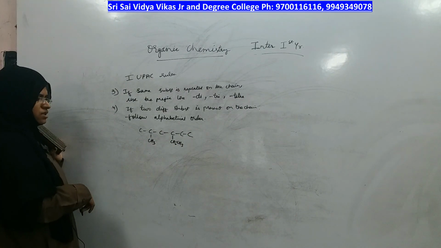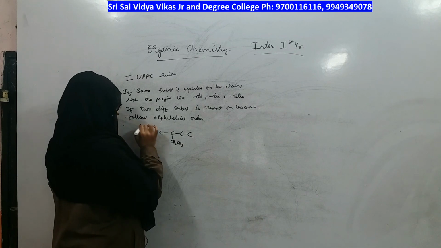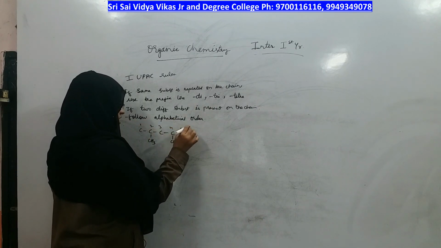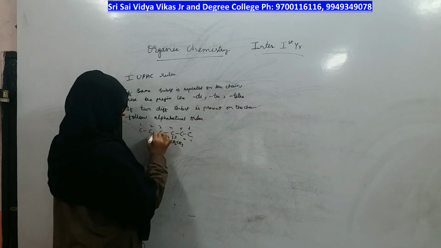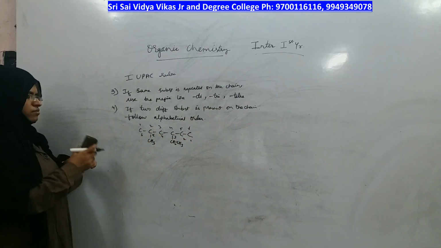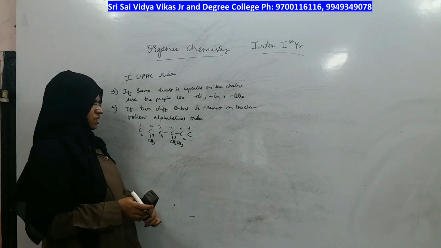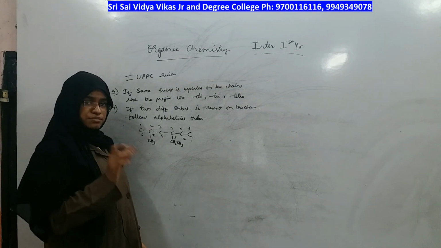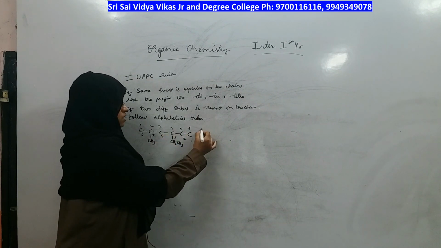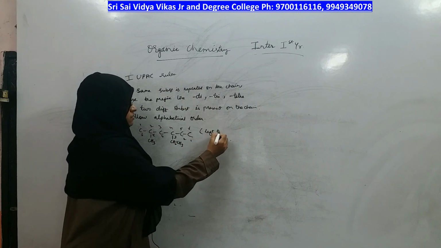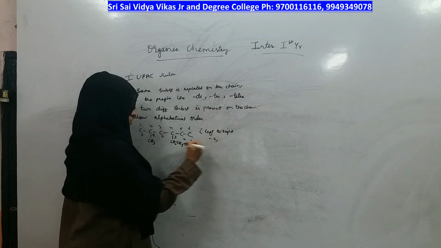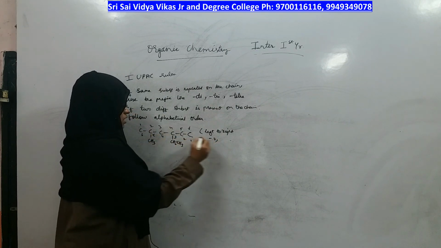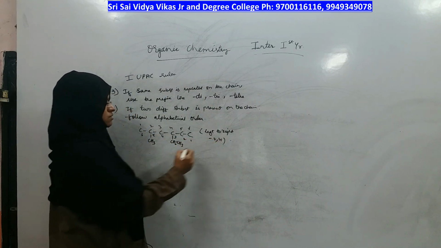Give numbering. Numbering can be 1, 2, 3, 4, 5, 6 from either side. From left to right, if I give numbering, the carbon bearing a substituent should get the least possible number. Left to right, I am getting 2 on one carbon and 4 on another carbon.